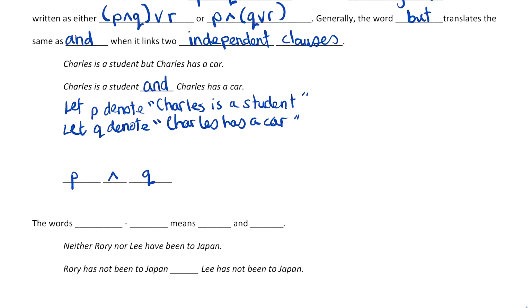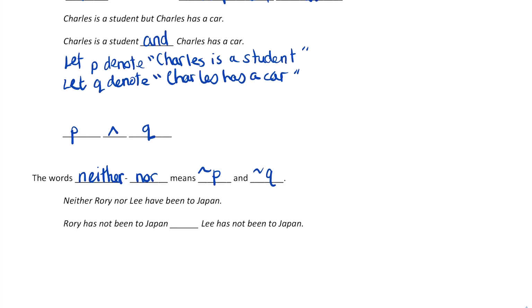Okay. You also get an and statement with neither nor. So that means not P and not Q. So if we say something like, neither Rory nor Lee have been to Japan, you could rewrite that as Rory has not been to Japan and Lee has not been to Japan. So now what we would do is let P denote the positive.